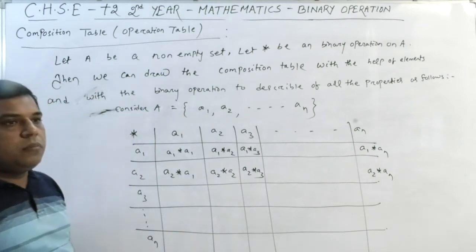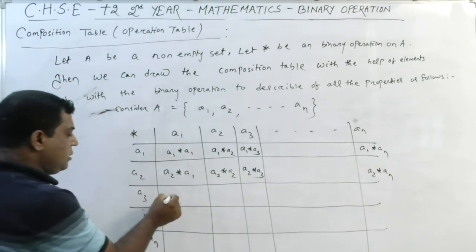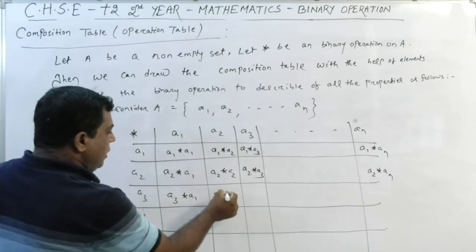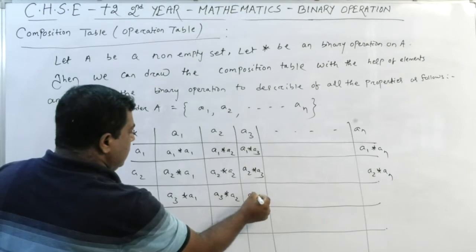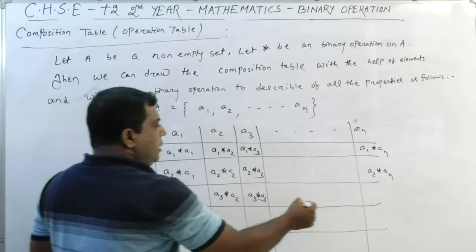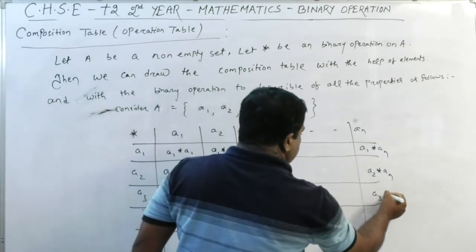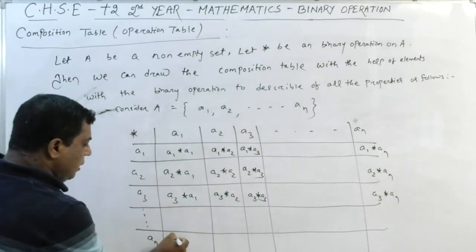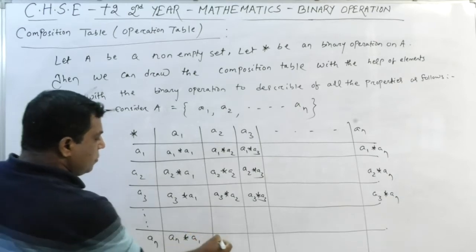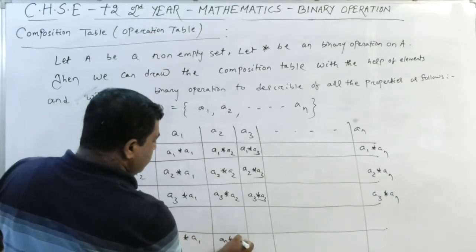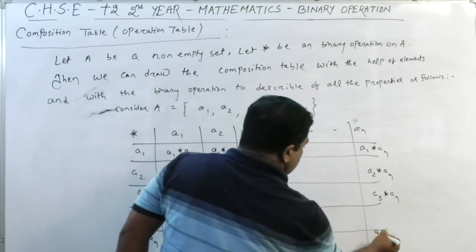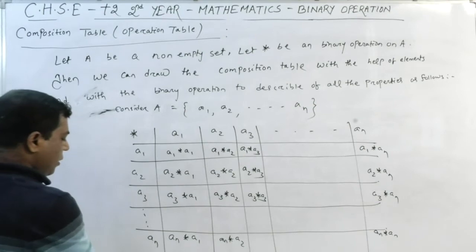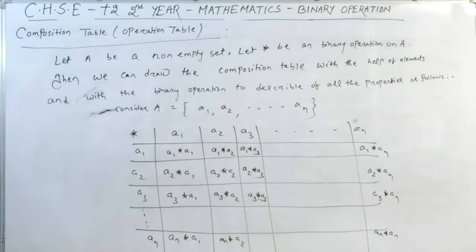Similarly, this row is A3 star A1, A3 star A2, A3 star A3, and so on, A3 star An. Next, similarly, the last row is An star A1, An star A2, and so on, An star An. So this is the way to define the composition table.